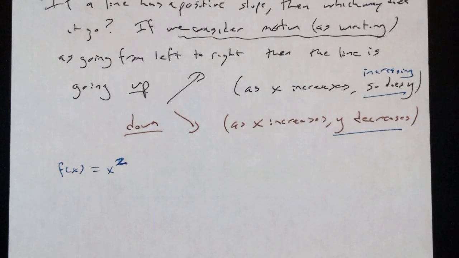A curve isn't a line. So we talk about the slope of a curve, we think about the derivative, but the derivative is really the slope of a line. It's the line tangent to the curve at that given spot.